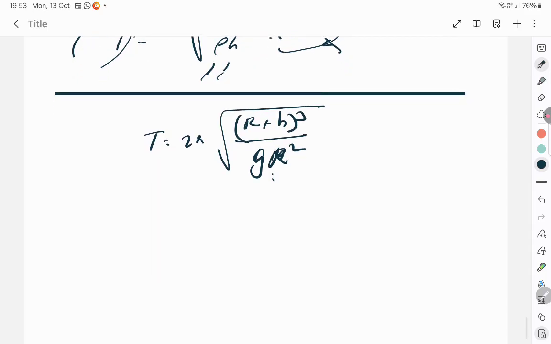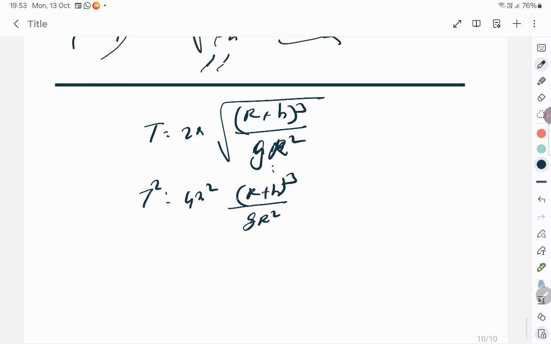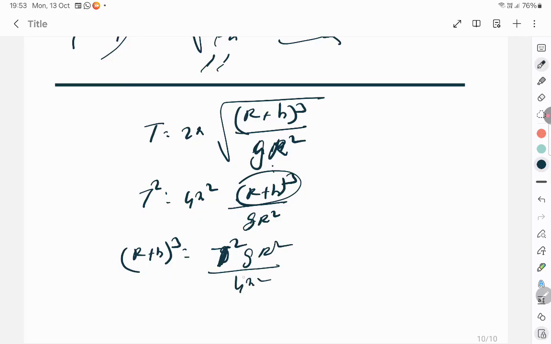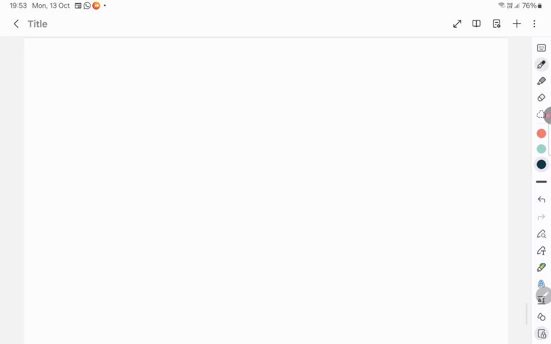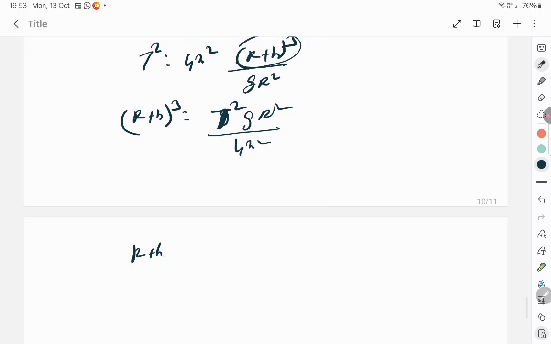Now what you do is square both sides. Now you write what is (r plus h) the whole cube: T square g r square by 4 pi square. Correct? So now what is r plus h? The 3 when it goes that side will become 1 by 3 power.